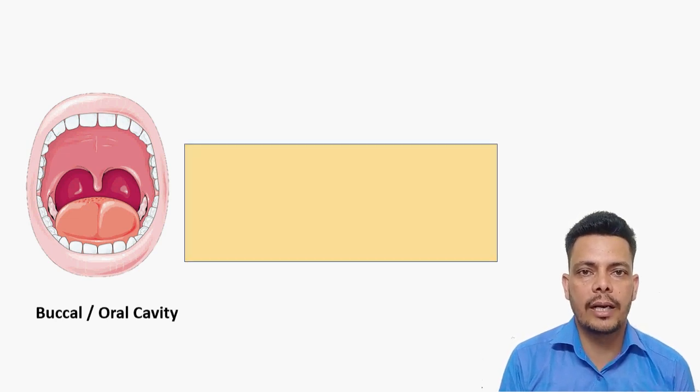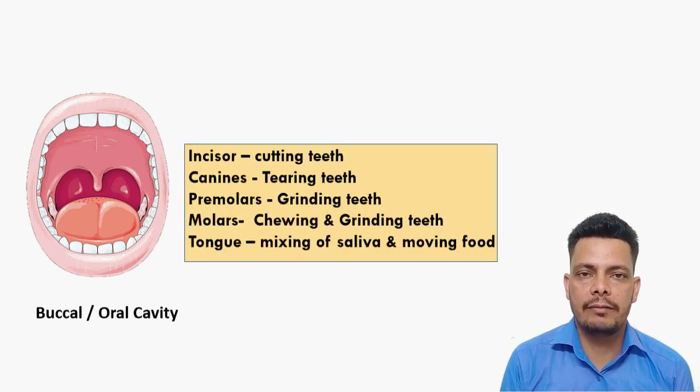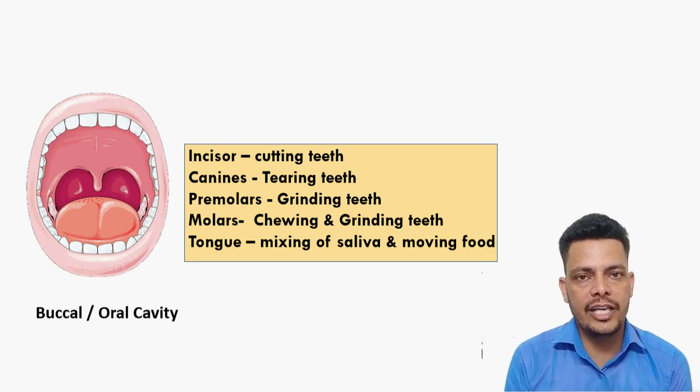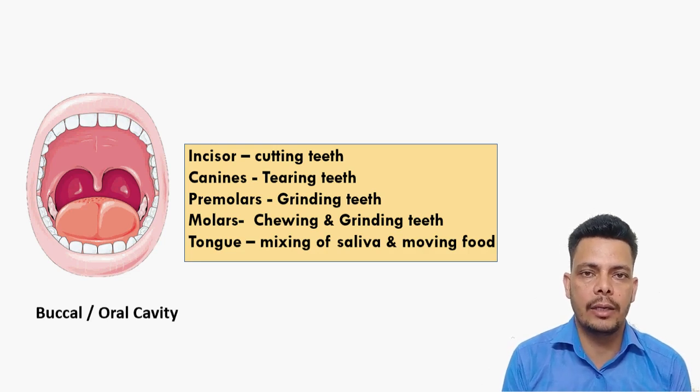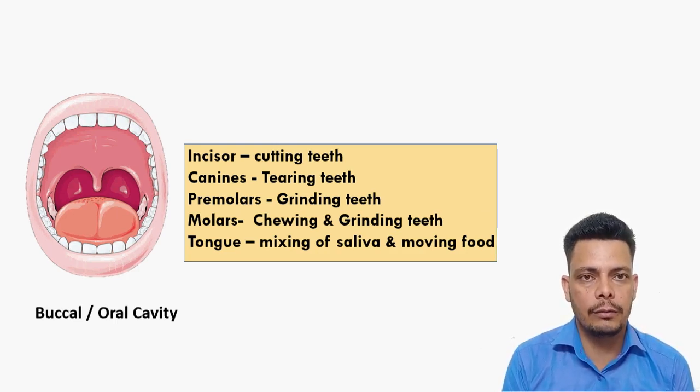In the buccal cavity we have teeth. You know that there are incisors to cut, canines to tear, and premolars and molars to chew the food. Food is initially broken down or ground in the mouth, and the tongue helps in mixing the food with saliva. So you are aware of the buccal cavity.